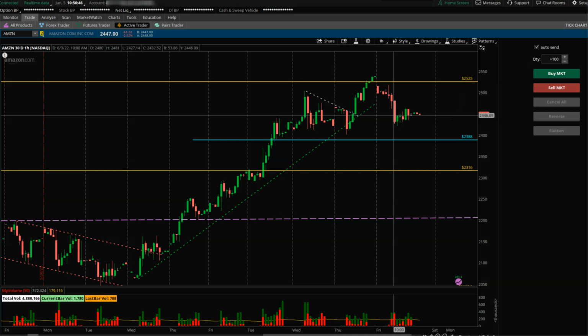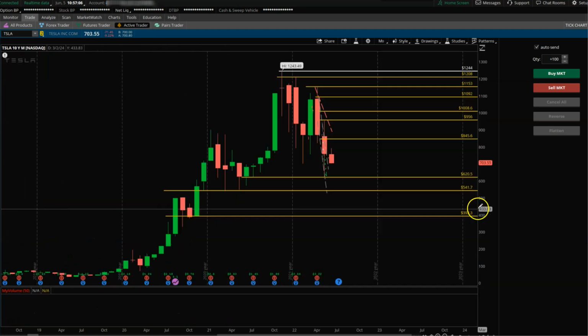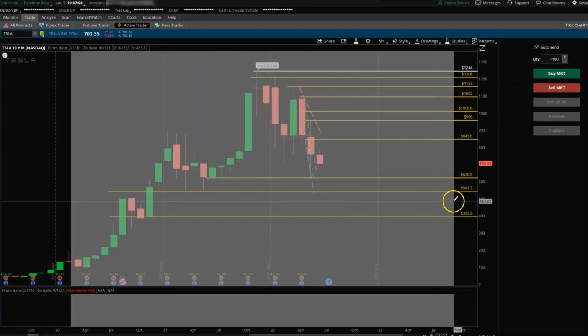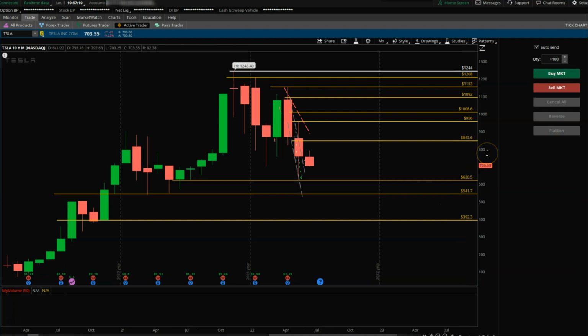Okay, here's the chart of Tesla, a monthly view. A little bearish, definitely, because we had this monthly breakdown bar, a big bearish trend bar, with good follow through to the downside.